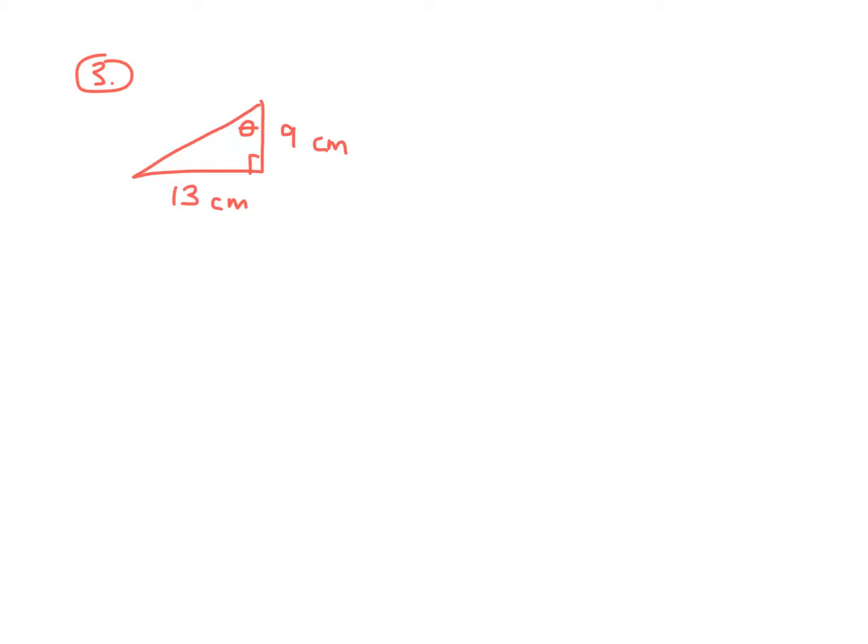Here we have a situation where we need to find the angle given two of the sides of the right triangle. So in a sense we're working backwards.